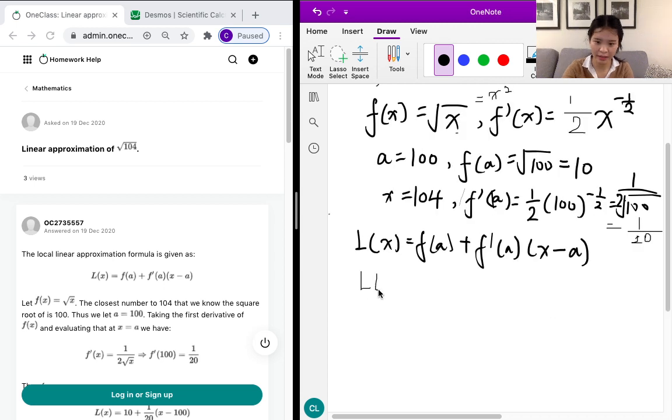So L of x, and again, our x is 1/4, and our f of a, we already calculated over here, is the square root of 100, is 10, plus f prime of a, we already calculated, is 1/20, and x minus a, again, we know our x is 1/4, our a is 100, so 1/4 minus 100 is just equals to 4.